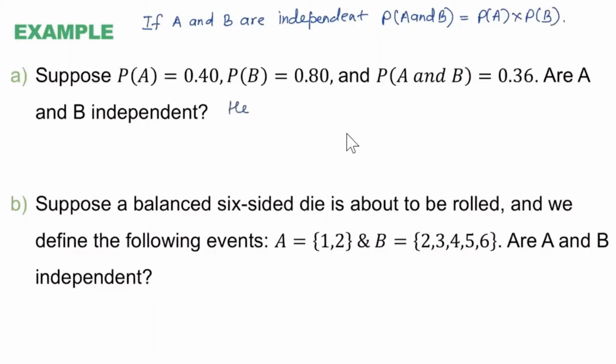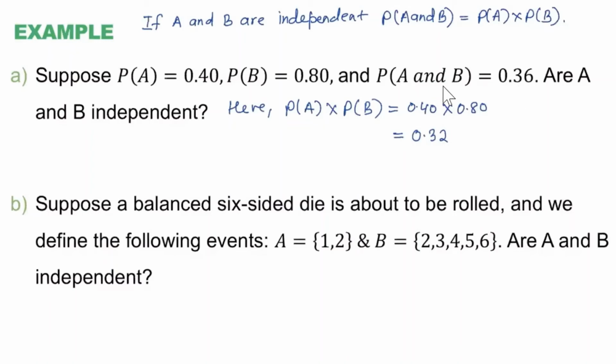Probability of A is 0.40 times probability of B is 0.80. Please multiply those two numbers in your calculator and tell me what you'll get. 0.32. So what we got is probability of A times probability of B is equal to 0.32.